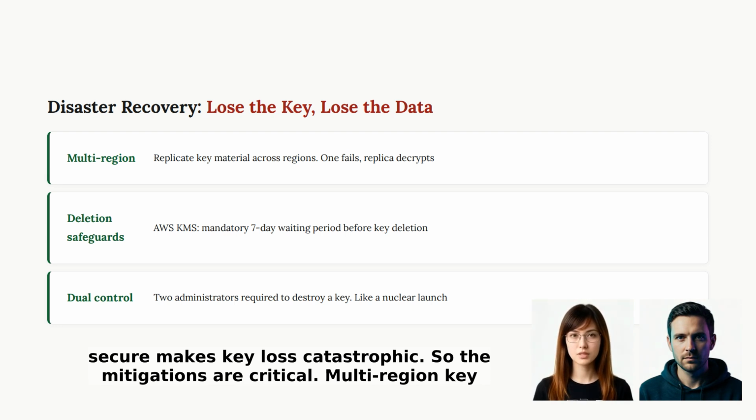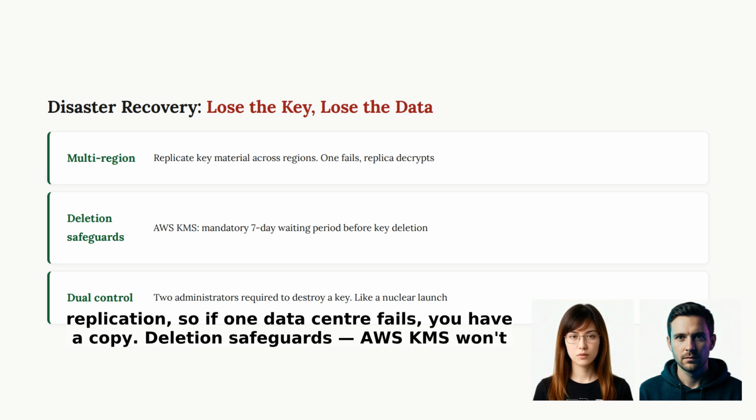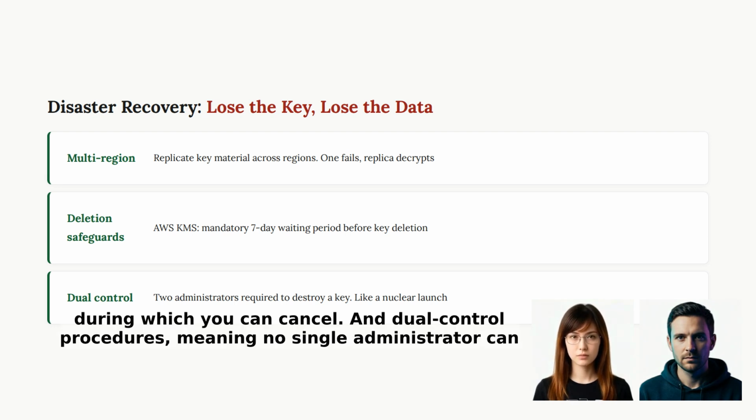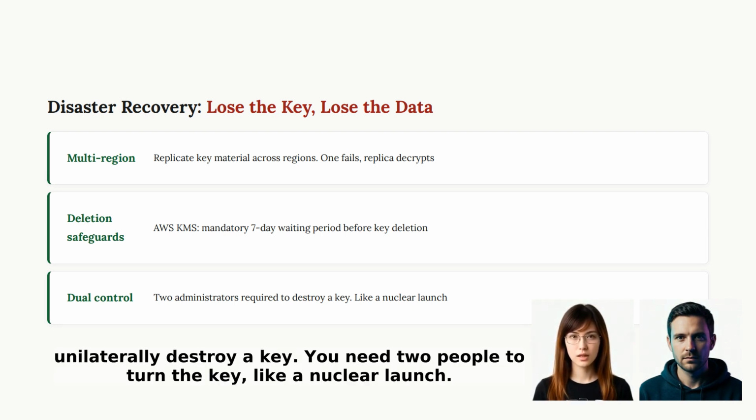So the mitigations are critical. Multi-region key replication. So if one data center fails, you have a copy. Deletion safeguards. AWS KMS won't let you delete a key instantly. There's a mandatory waiting period of at least 7 days during which you can cancel. And dual control procedures, meaning no single administrator can unilaterally destroy a key. You need 2 people to turn the key, like a nuclear launch.